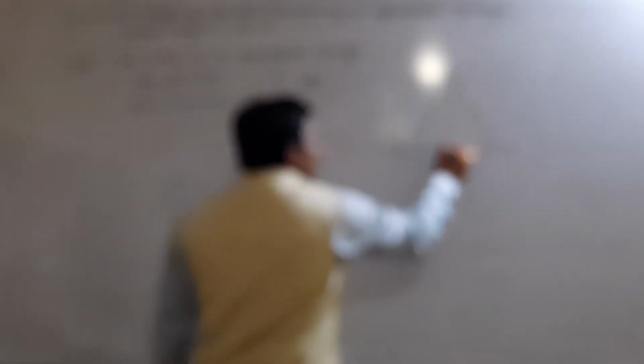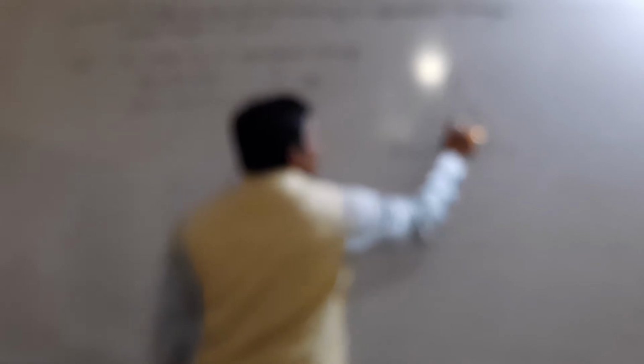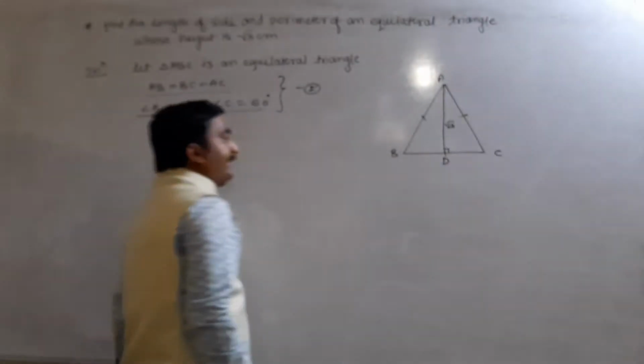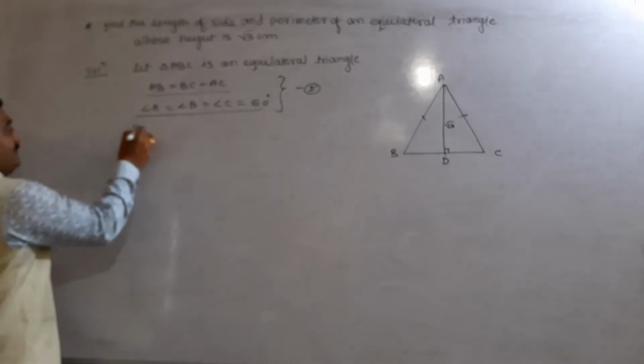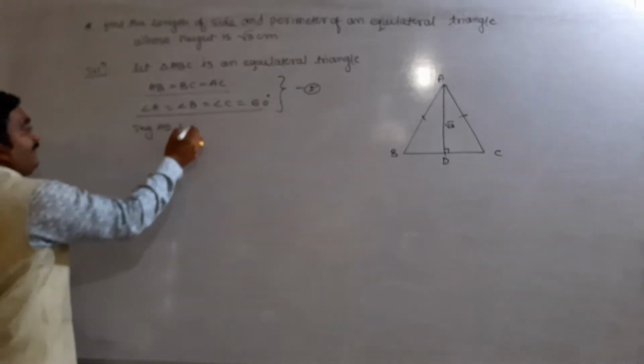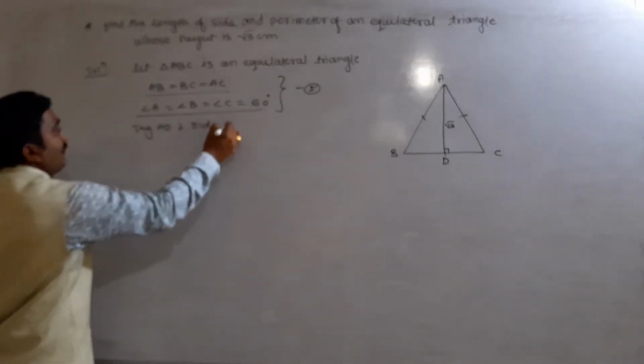In this triangle, the given height is root 3 centimeter. Suppose we draw a perpendicular here, and this is the height. This is segment AD. Segment AD is perpendicular to side BC.